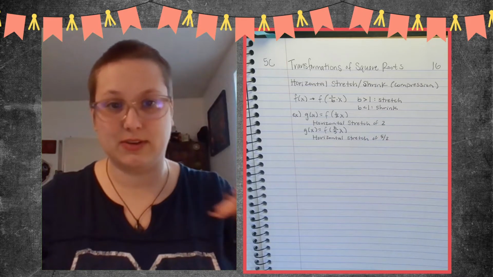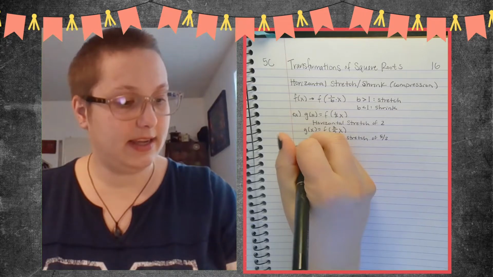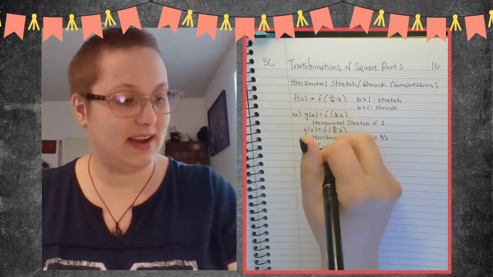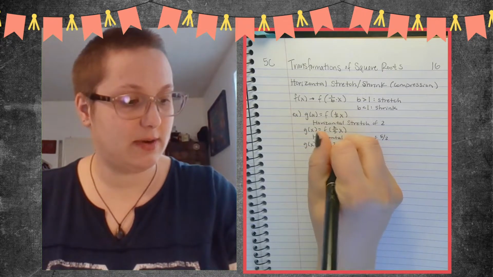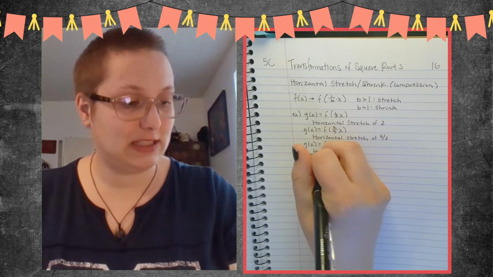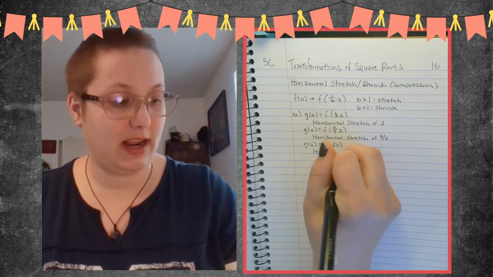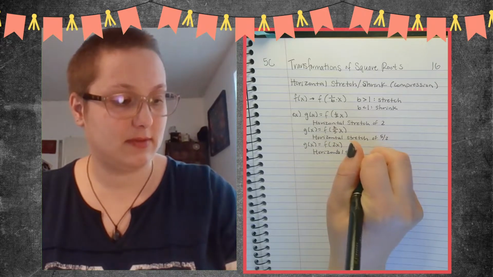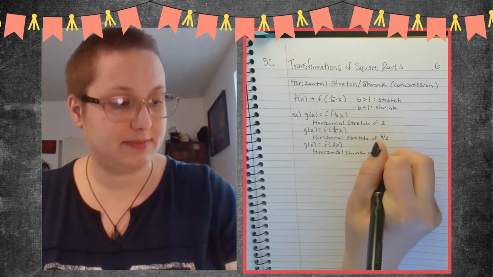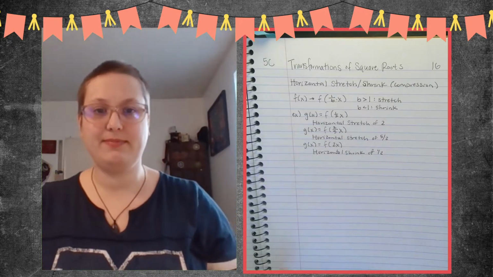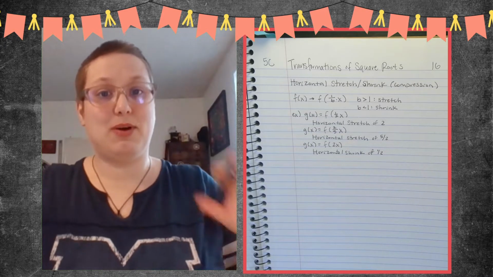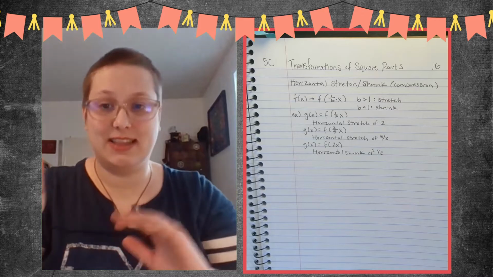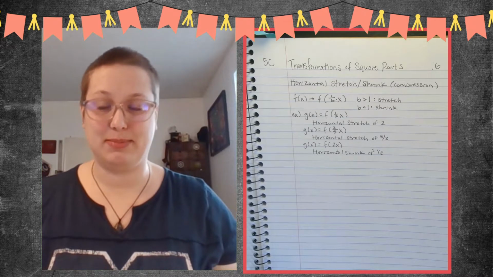Okay, I flip it over. But if I had 2x, that would actually be a horizontal shrink of 1/2. Okay. So that's part 1, is we have unlocked the last transformation type.